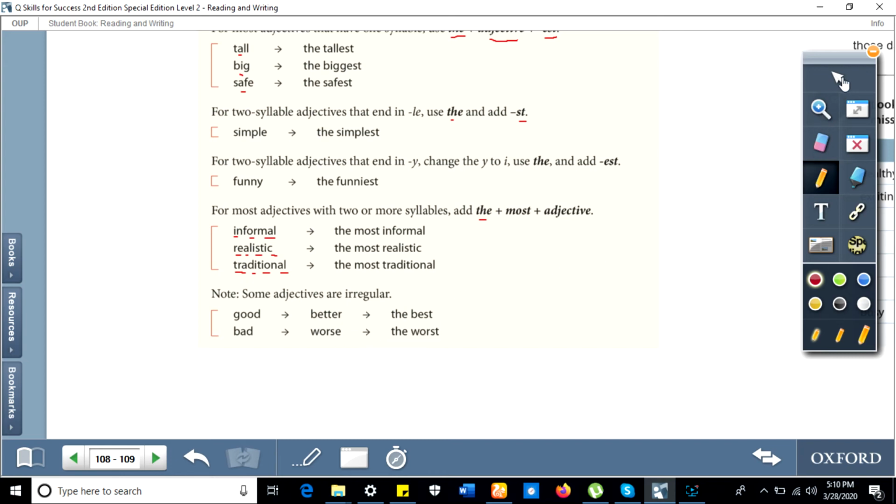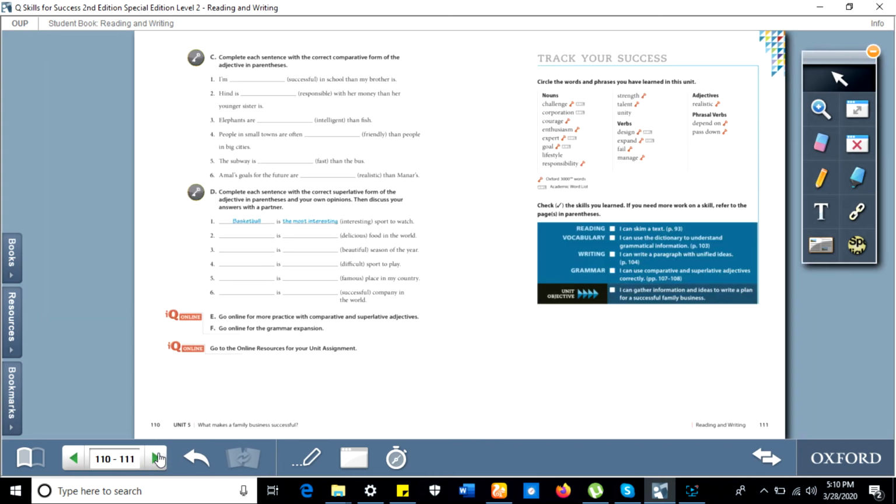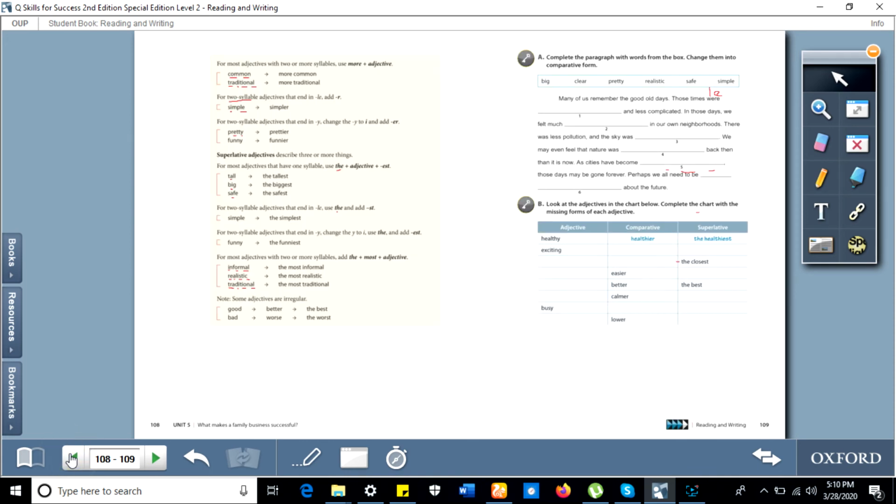So that's how some of the adjectives are irregular. For this you need to consult the dictionary and find out which ones are the irregular adjectives, and after that you can memorize all of these adjectives.